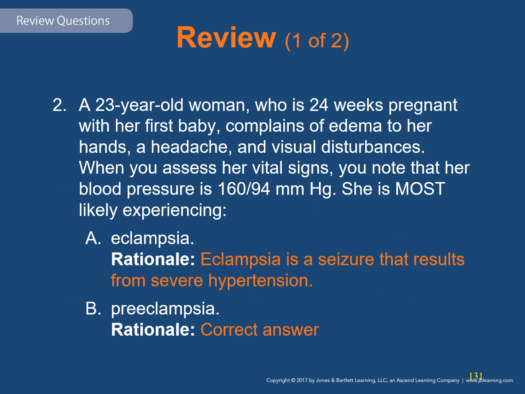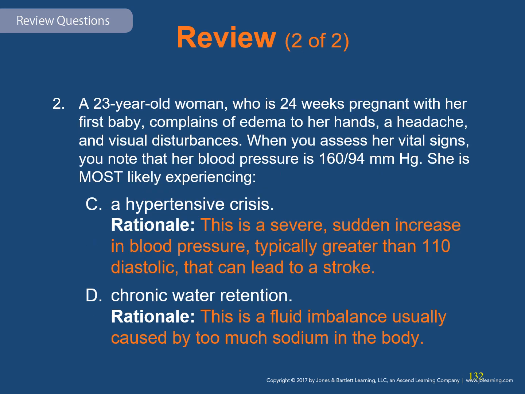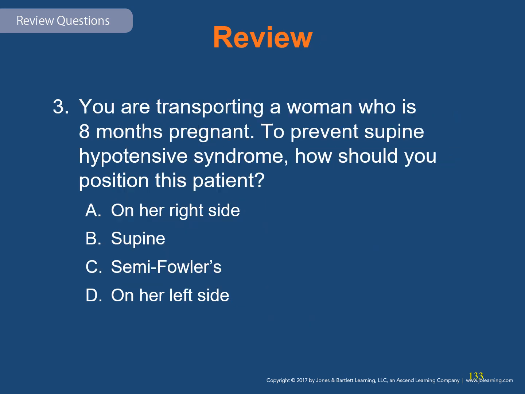Answer A, eclampsia, is the seizure that results from severe hypertension. C. This is a severe sudden increase in blood pressure, typically greater than 110 diastolic, that can lead to a stroke. Answer D. This is a fluid imbalance usually caused by too much sodium in the body.